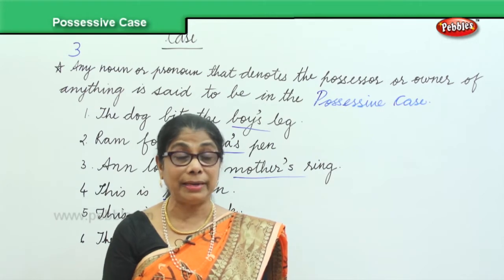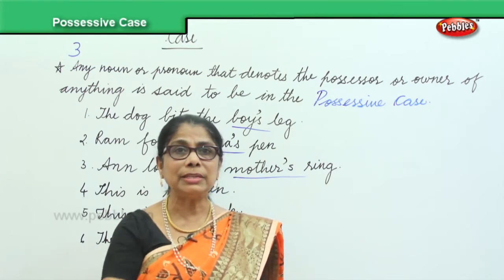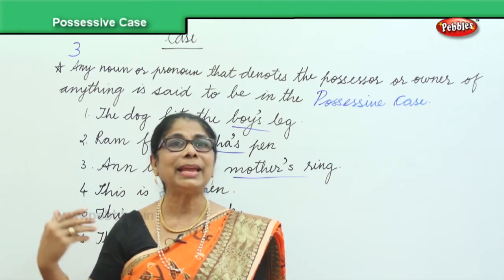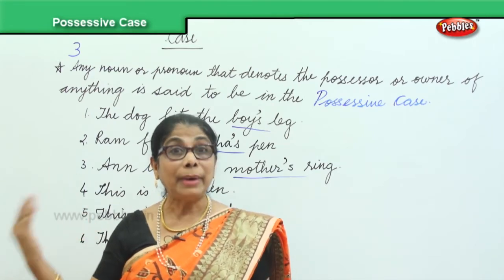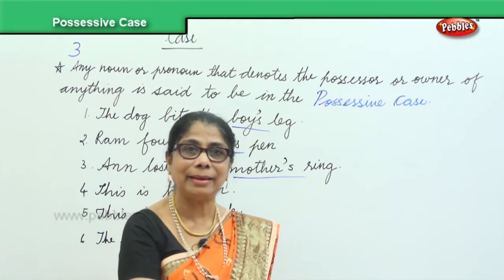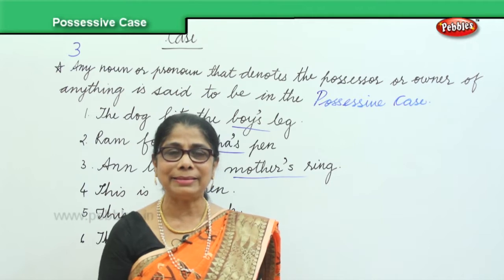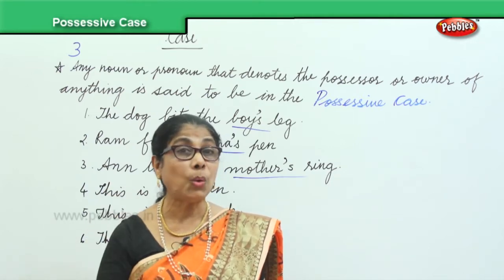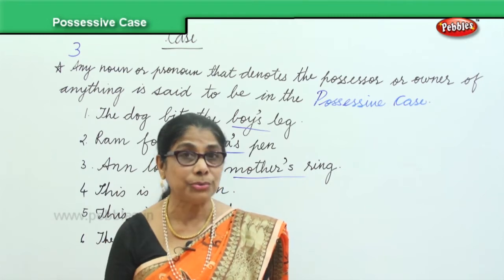Supposing somebody finds a storybook of yours, you will say that is my storybook. Supposing you say Maria found a bag. Now, whose bag is that? Then you will say, that is my bag. Asha says, my bag, owner. Who does it belong to?